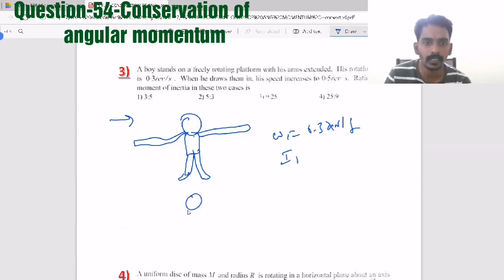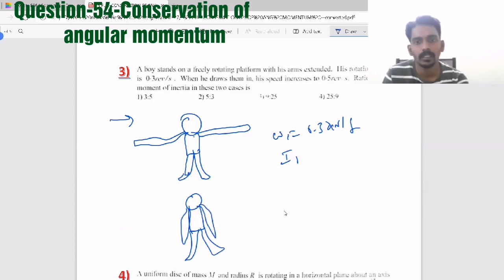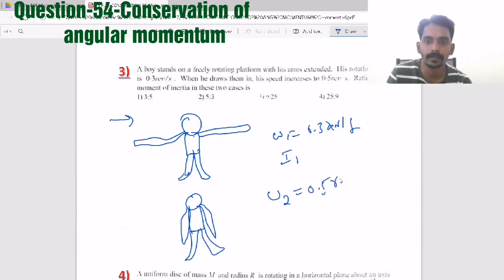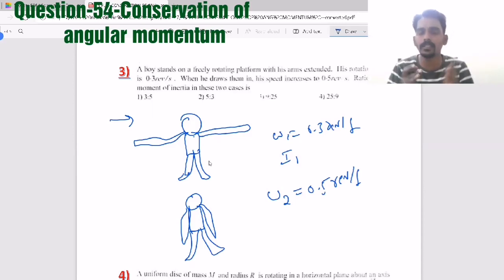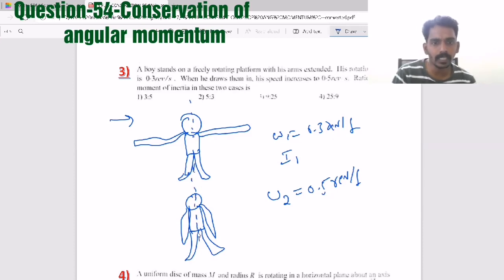Now when he withdraws, the situation will simply become like this. The new angular speed became 0.5. See here, initially he was stretching the hands. Now he is pulling back, and it is rotating about this axis. Now about the axis of rotation, mass came closer. So moment of inertia obviously decreases.